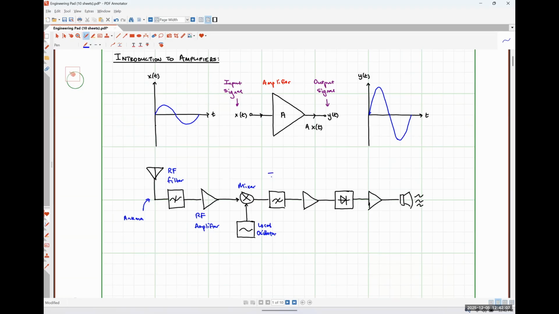This is our intermediate frequency filter. This is our intermediate frequency amplifier. Our demodulator. Our audio amplifier.